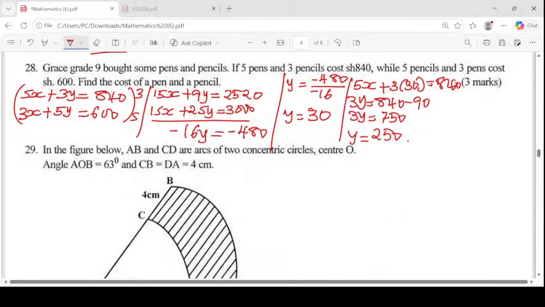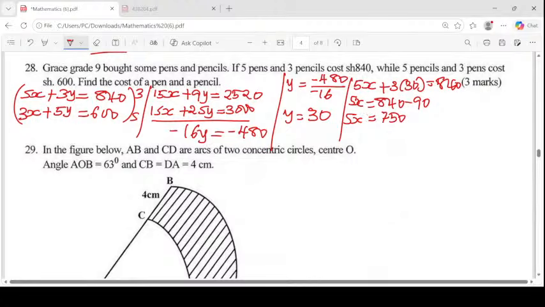I got this is x. What did I write here? I think I've missed here. This should be 5x, not 3y. 5x was equal to 840 minus 90. So 5x should be equal to 750.